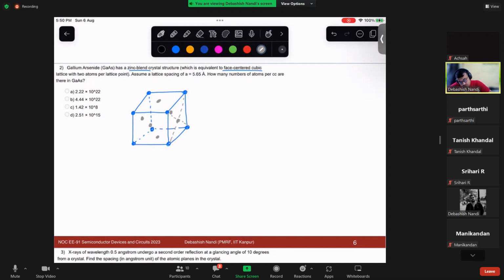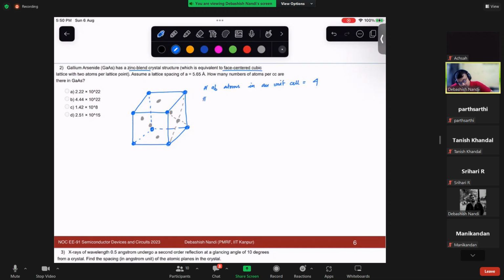We have seen that the number of atoms in a unit cell for FCC was 4, right? Again, 8 corner atoms times 1 over 8, 6 face atoms times 1 over 2, that is 3 plus 1, equal to 4.